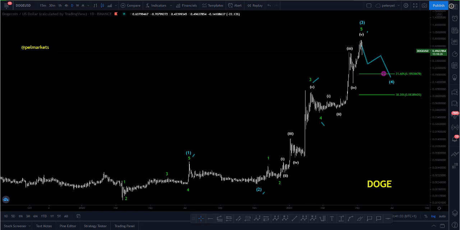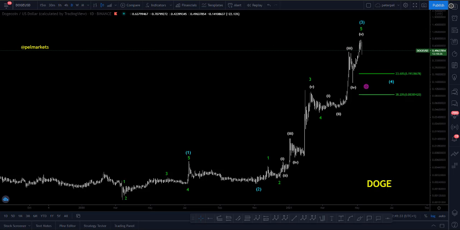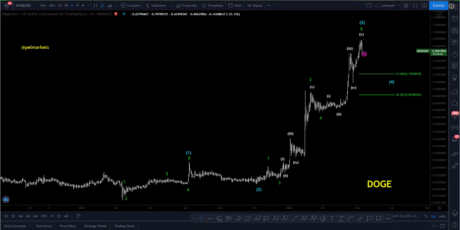It can be a triangle or any combination, complex correction, but we will be looking at it. So once we get this week, we will be watching it closely. If you are still in the trade, it can pump up and maybe give us the wave 5 somewhere here, but still be expecting a 4 to come for blue wave 4.